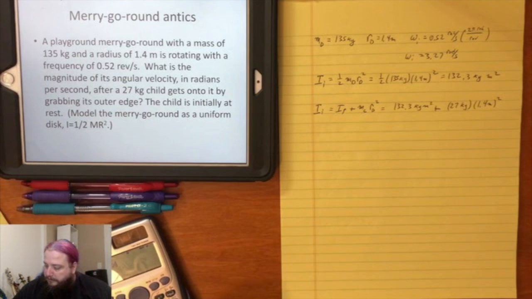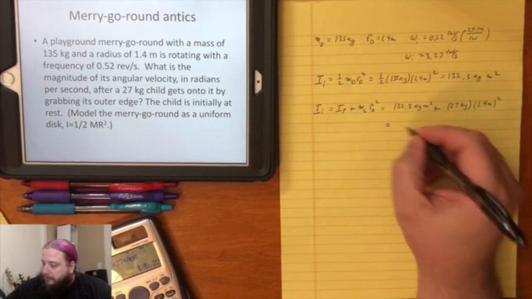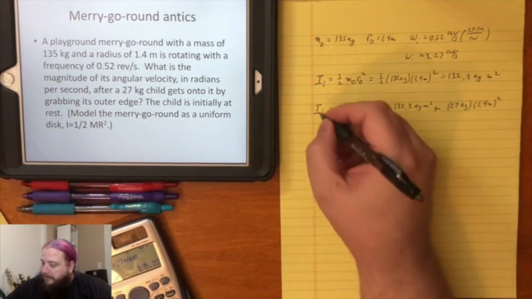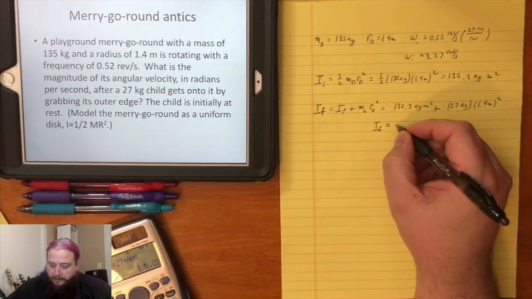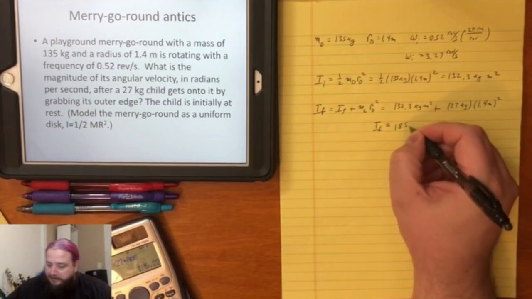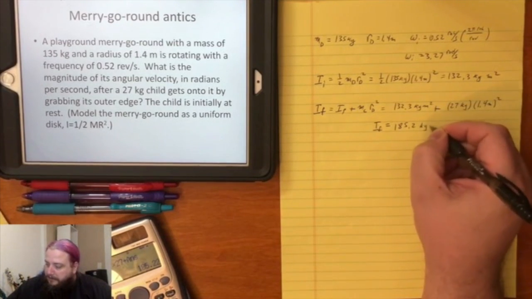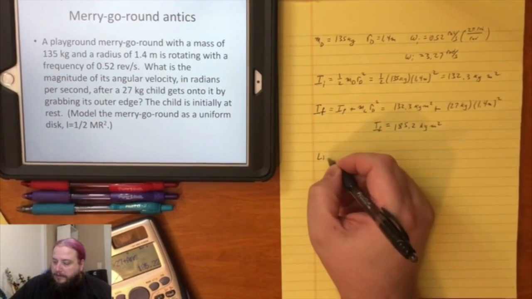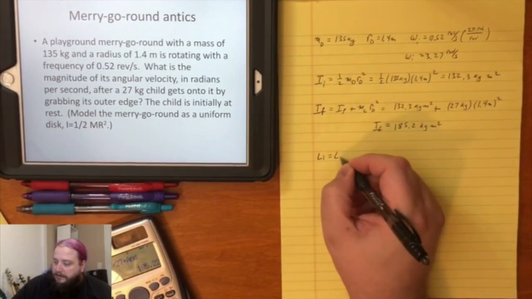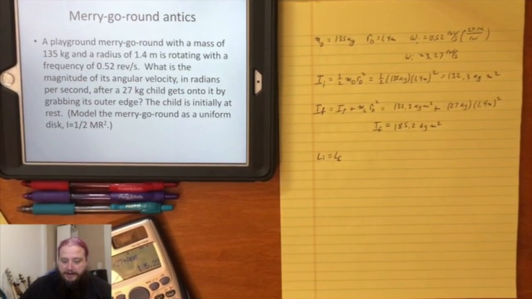That gives us a total rotational inertia afterwards of 185.2 kilogram meters squared.